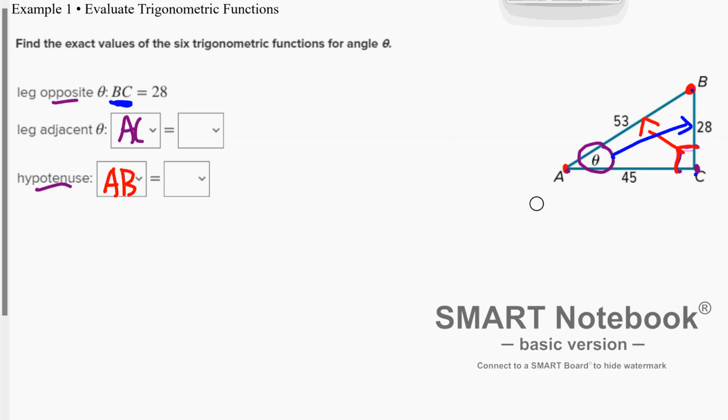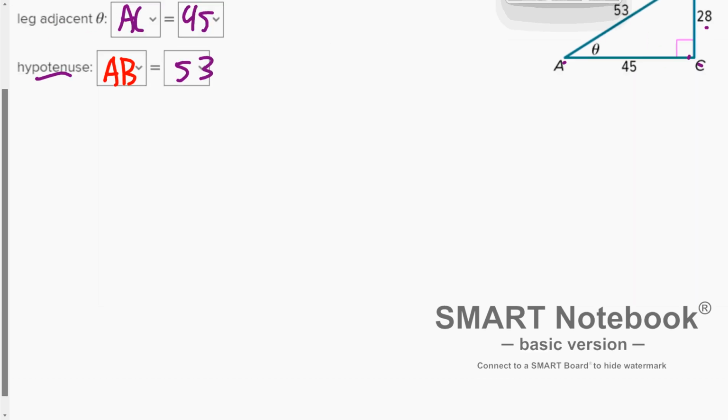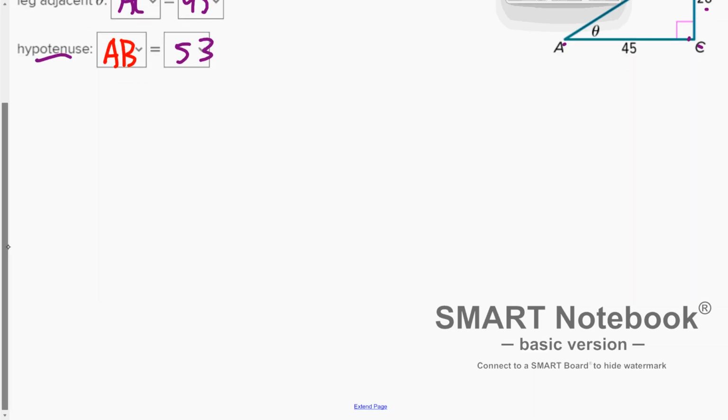Now let's label what their measures are. BC, we can see, is 28. AC is 45. And our hypotenuse AB is 53. Remember, the hypotenuse is always the biggest. So there you go with example 1, finding the exact values. Those are the side lengths. From there, we want to label what the 6 trig functions are.